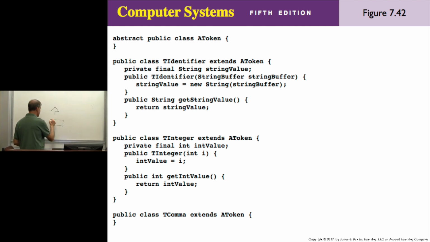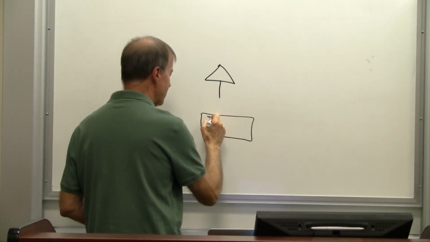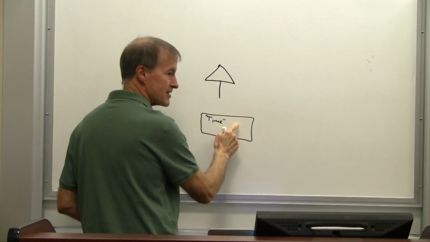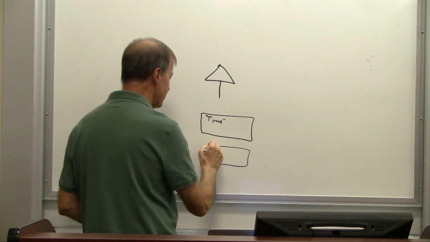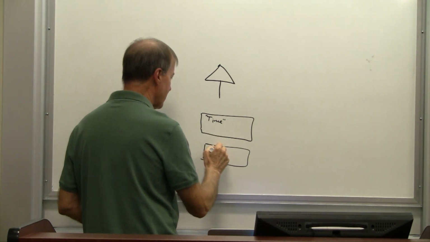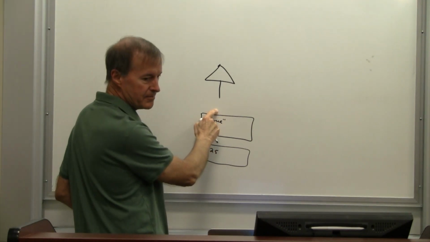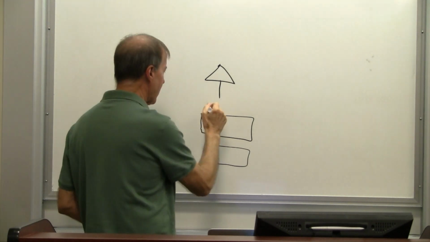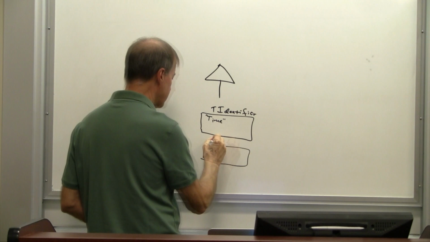So suppose the string value is something like time, and this is an ident token, and then there will be something like, I don't know, 25, and this would be a T identifier, and this would be a T integer.